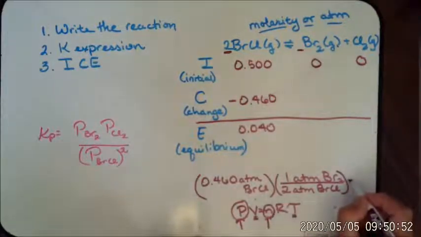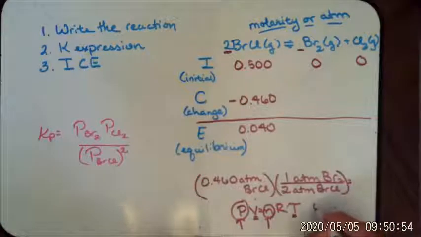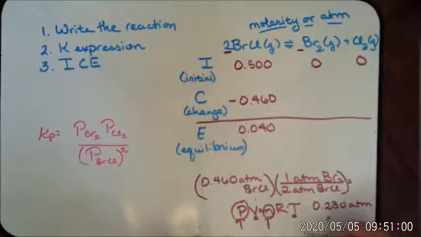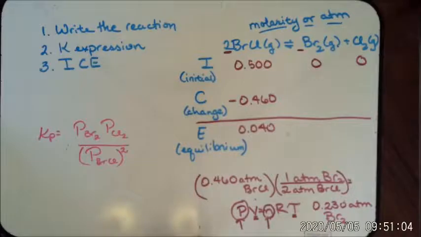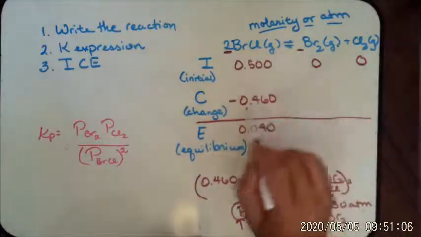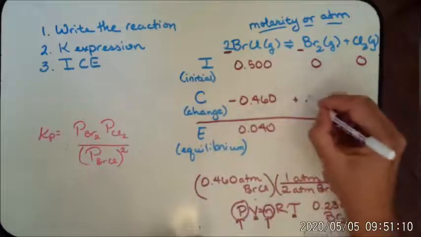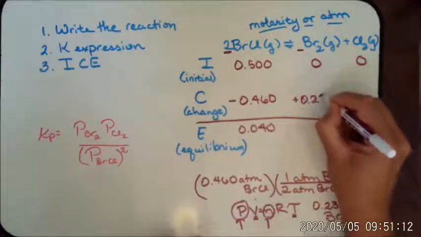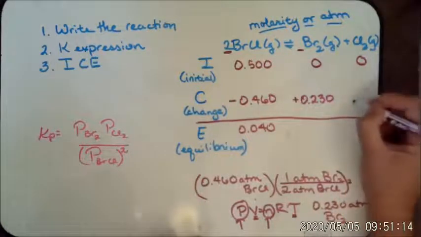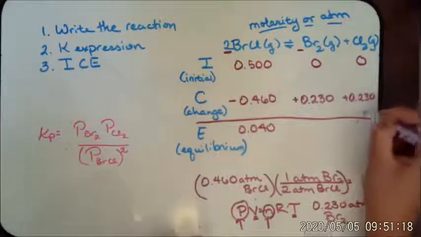So in that case, I will only form 0.230 atmospheres worth of bromine. Okay, so you use your stoichiometry. So if I lose this much, then I only form half here, and I only form half here.